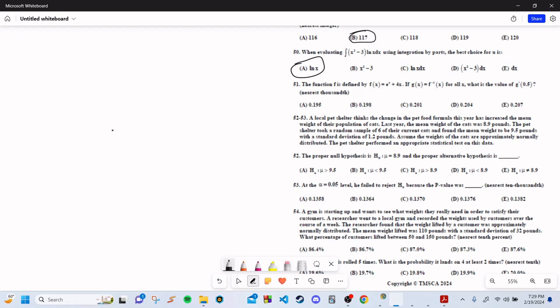Okay, so moving on. This is the last calculus question. Okay, so number 51. The function f is defined as f of x equals e to the x plus 4x. And g of x is defined as the inverse of f of x.